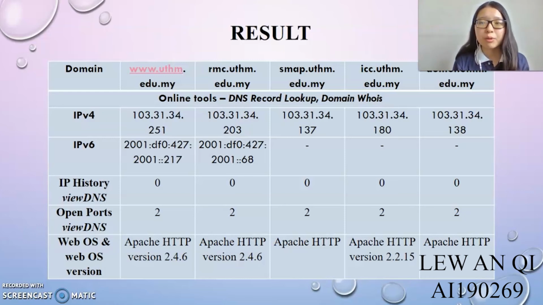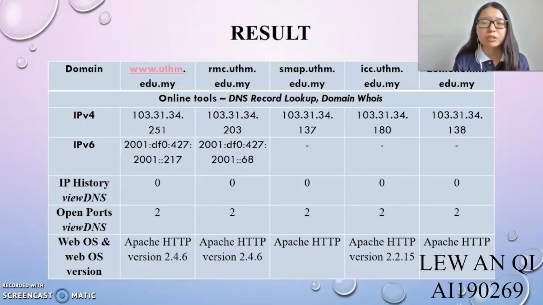The IPv4 and IPv6 results are the same as when using the command line, and there was no IP history for all domains. The number of open ports is different between the command line and the online tools, and later we will discuss this problem in the discussion part.